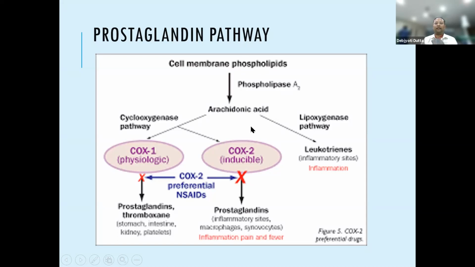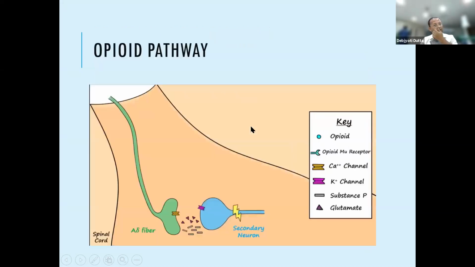So here NSAIDs act. Opioid pathway: what it does, you can see, this is a synapse. In the presynaptic membrane, there will be opioid receptors.